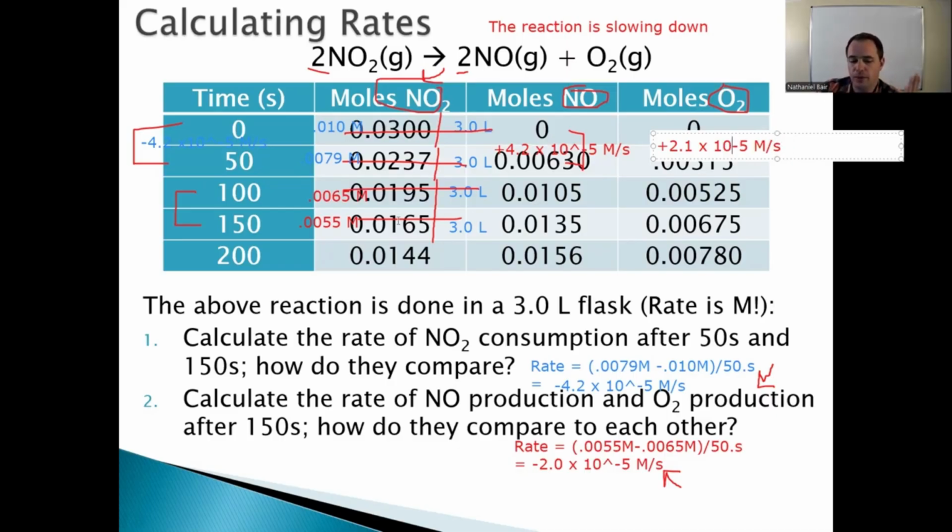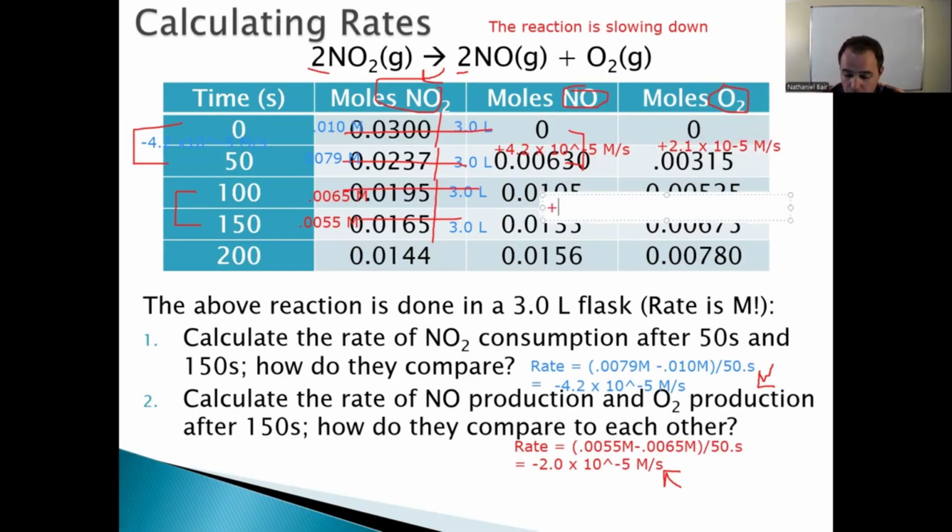And then we can do the same thing for this 100 to 150 second time interval, right? So from 100 to 150 seconds, the reaction is slowed down. We're only losing NO2 at a rate of 2 times 10 to the negative fifth molar per second. So what would the NO rate of production be over that same time interval? It's going to be the same.